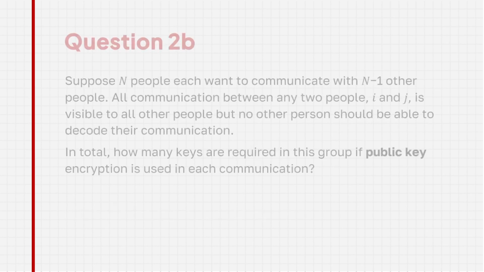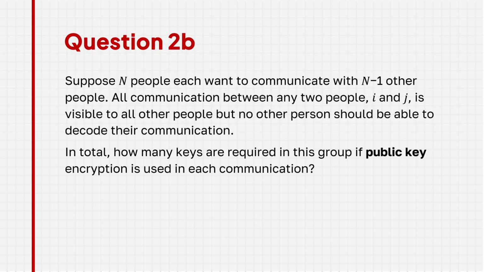Okay. Now what about if we use public key encryption instead? What would happen? N keys, 2n. Why is it 2n? N public and private. Okay.